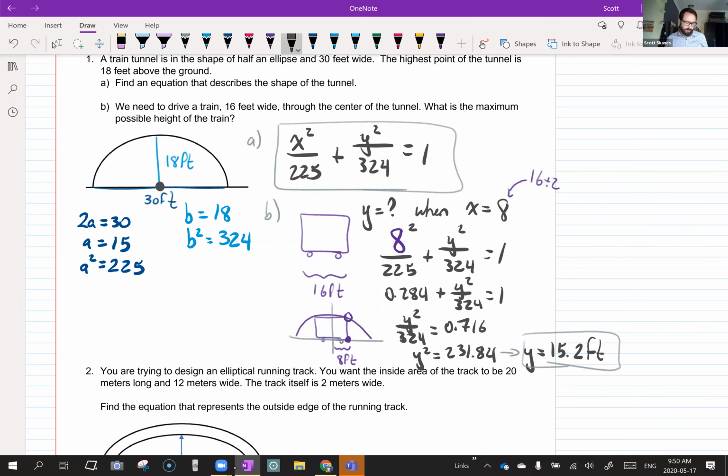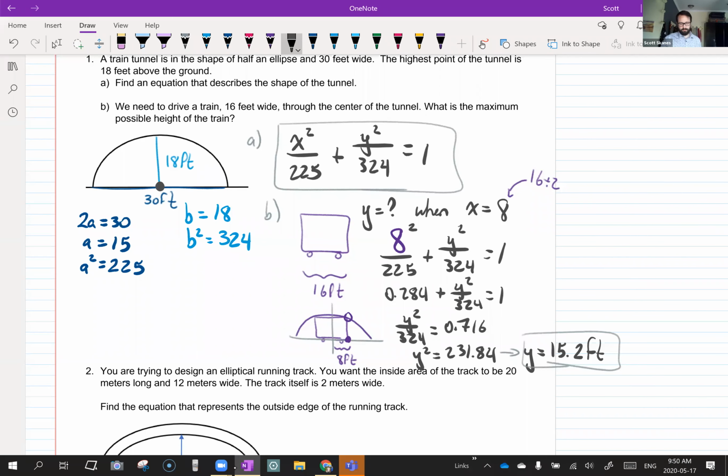So why did I do that? Well, again, I'm trying to figure out what is the maximum possible height this train can have and still be able to pass through the tunnel. Well, if its width is 16 feet, and it goes right through the center, that means there's 8 feet on the right side, 8 feet on the left side. So just check a point 8 feet away and see what the height of the tunnel is at that point.